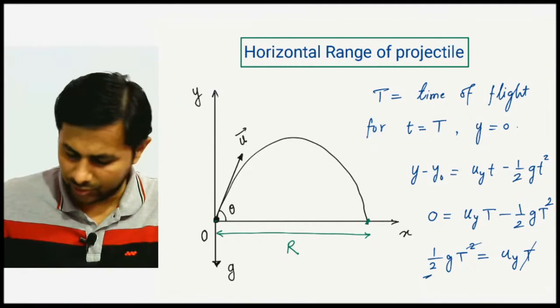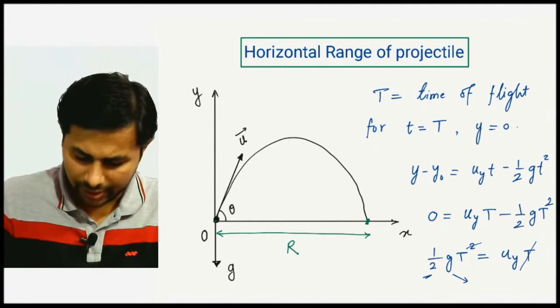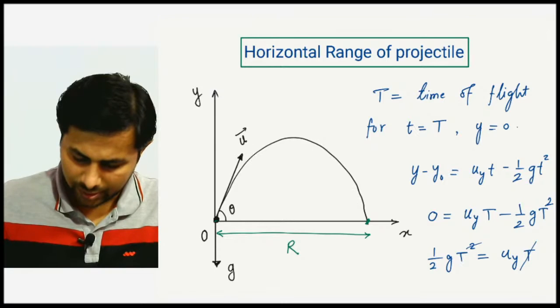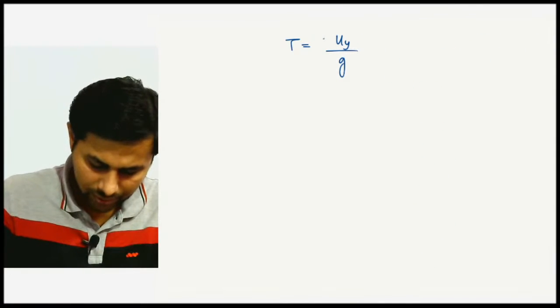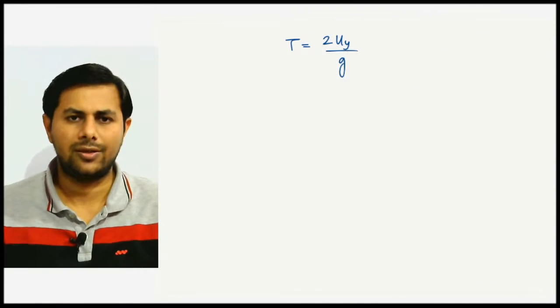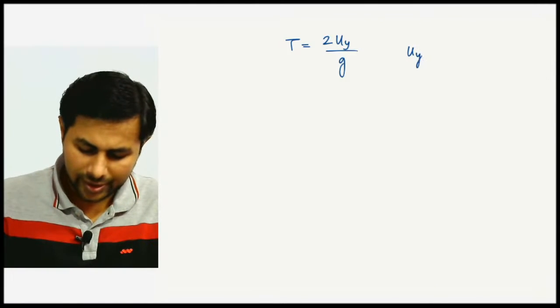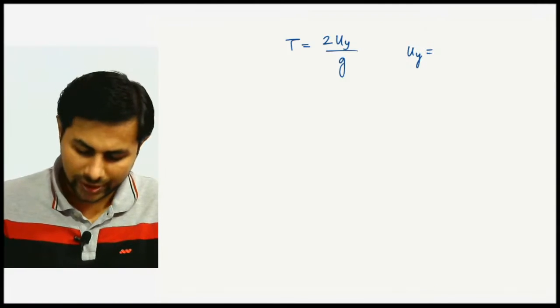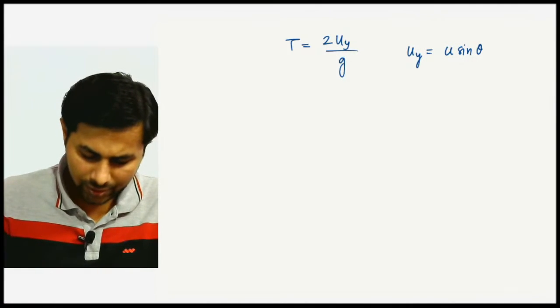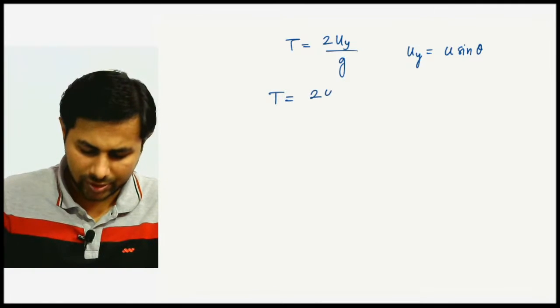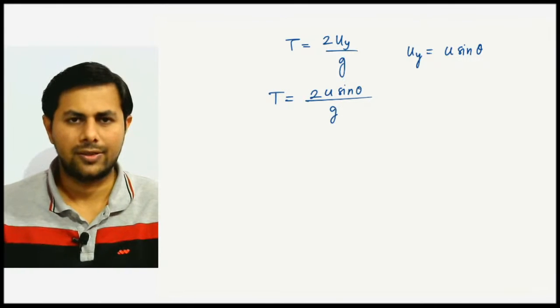The 2 goes into the numerator and g goes into the denominator. So 2 uy divided by g. And how much is uy? uy is the y component of initial velocity, and it is u sine theta. So we get T equals 2 times u sine theta divided by g.